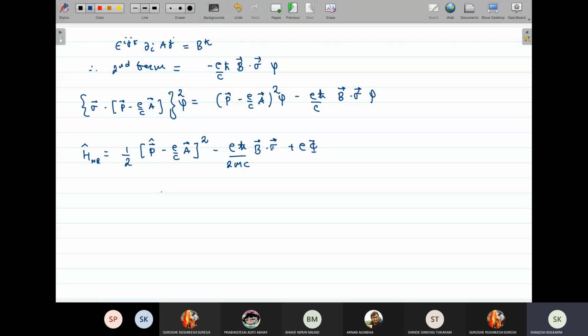Phi is a scalar potential. So this is my non-relativistic Hamiltonian, and I have the non-relativistic Hamiltonian acting on phi equal to E_NR times phi.